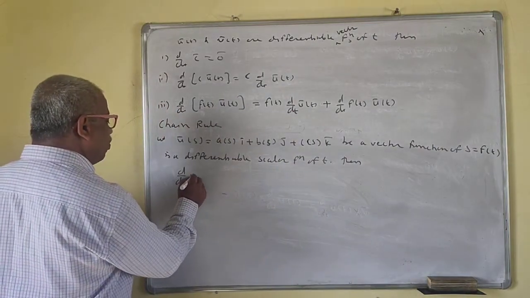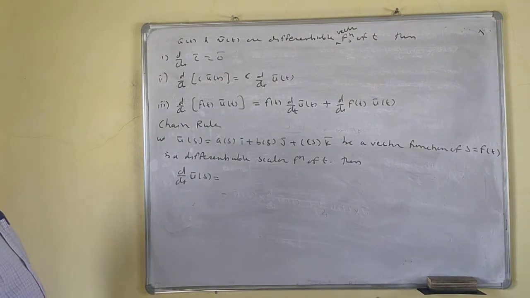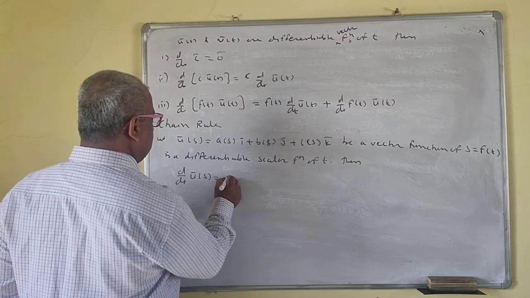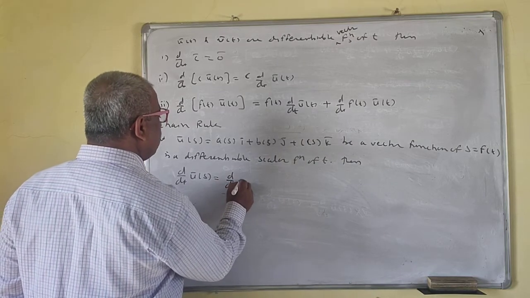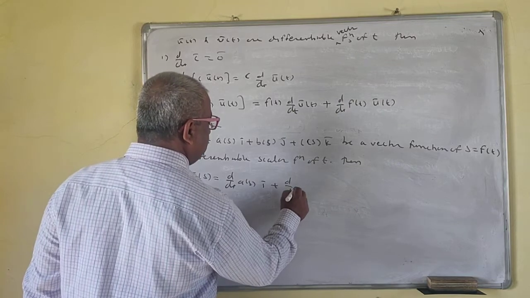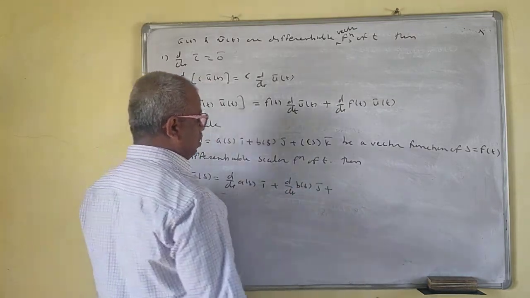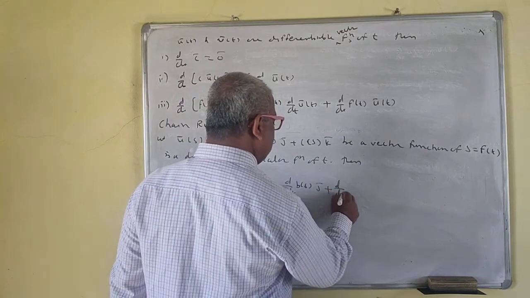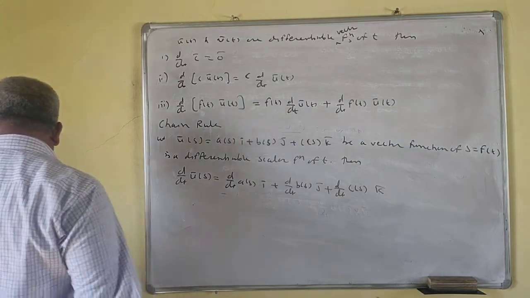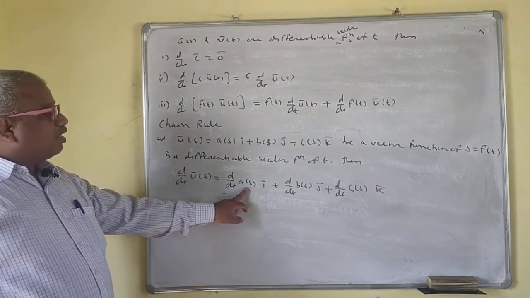Then d by dt of u bar of s is the same as d by dt of a of s i bar plus d by dt of b of s j bar plus d by dt of c of s k bar. But what is this? This s is a function of t.